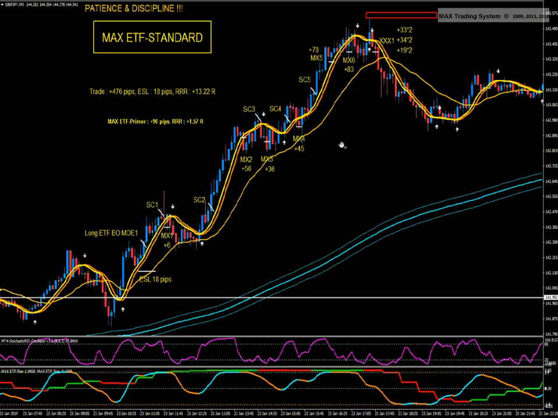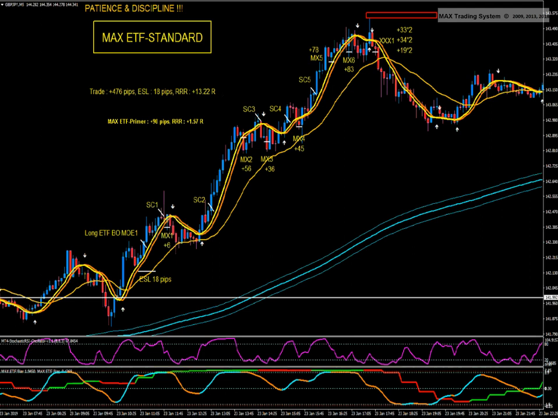So this is one unique trade with several scale-ins and scale-outs, or MX, producing a profit way, way larger than the 2 trades made with the MAX ETF primer. The total number of pips here was 476 pips, with a rather small stop loss, 18 pips, producing a nice 13.22 R reward to risk ratio.